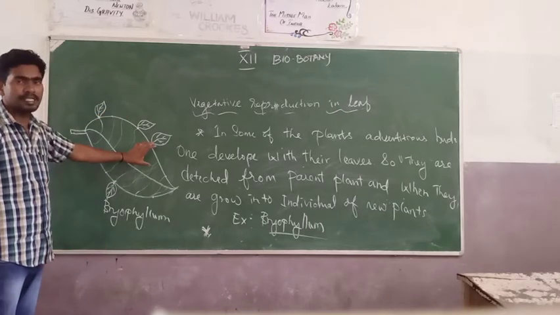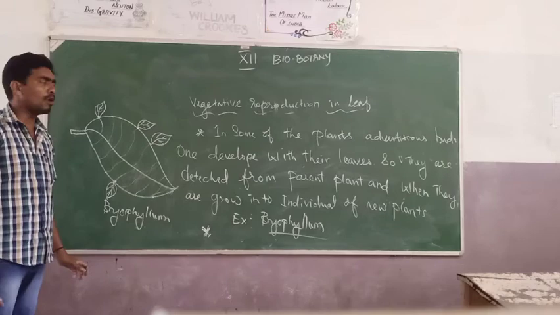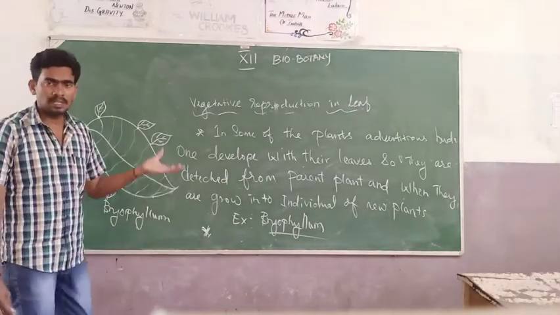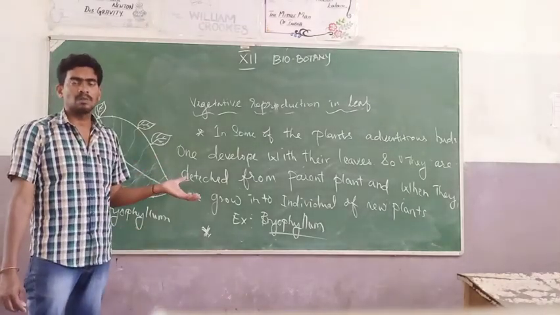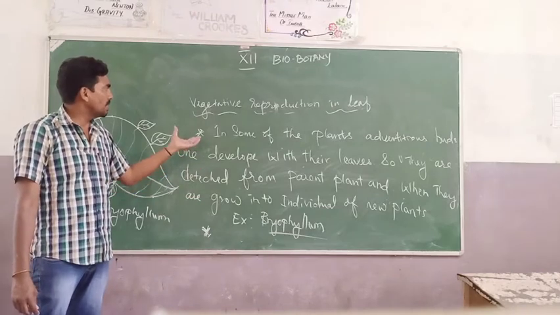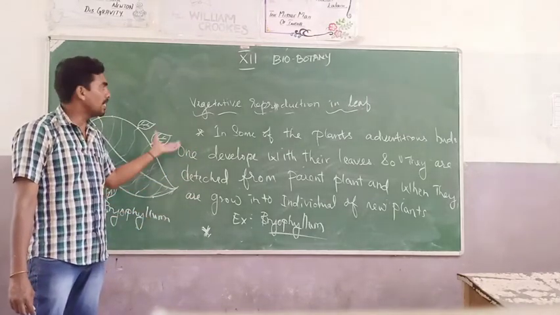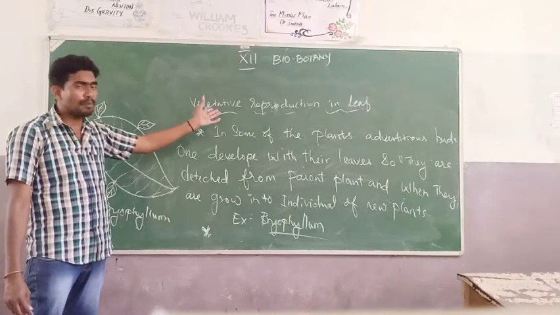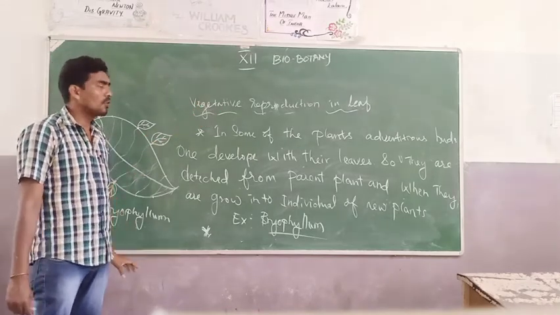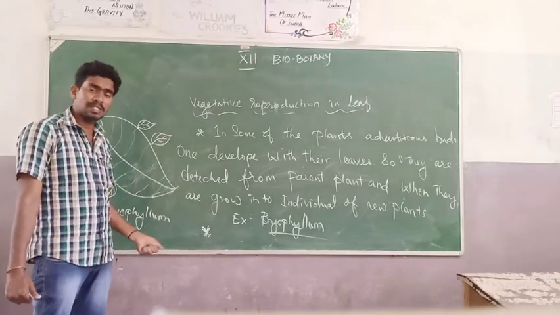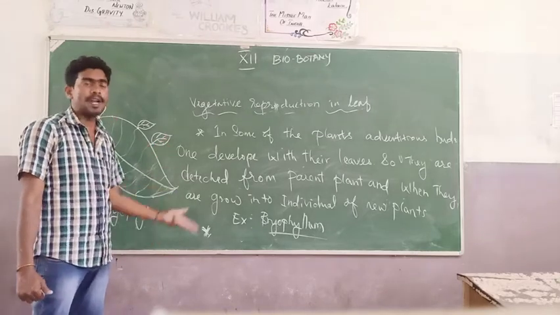You understand this? We already discussed vegetative reproduction in root. Next, vegetative reproduction in stem. Already, vegetative reproduction in root, example Murraya plants. Next, vegetative reproduction in stem, ginger, onion.